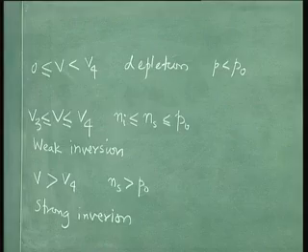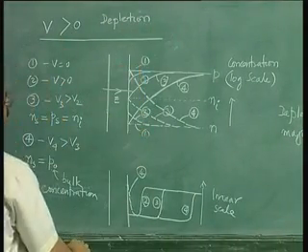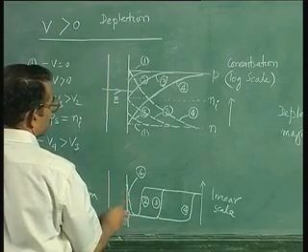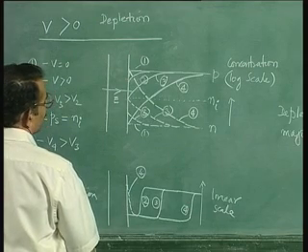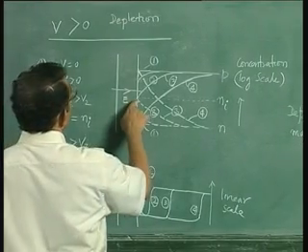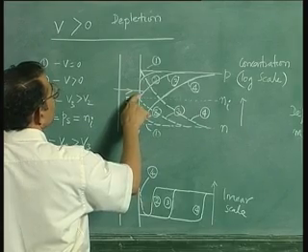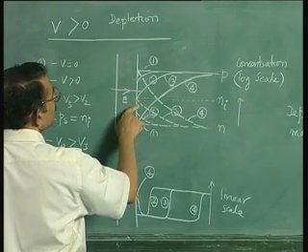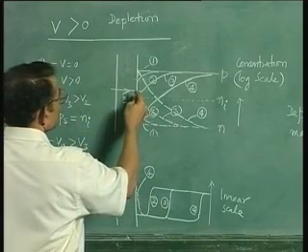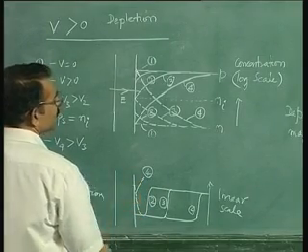So now we need to separate the region V greater than 0 into depletion and inversion. For small values of positive voltage, when there is not much of electron accumulation at the interface, it is purely a depletion region. Beyond a voltage V3, when electron concentration at the surface becomes more than the hole concentration, it is inversion, but it is weak inversion because on a linear scale it is still not appearing, which means the amount of charge because of electrons is still small.